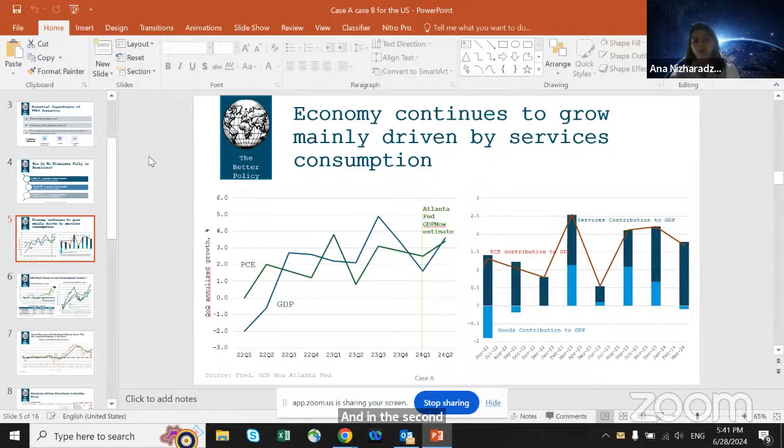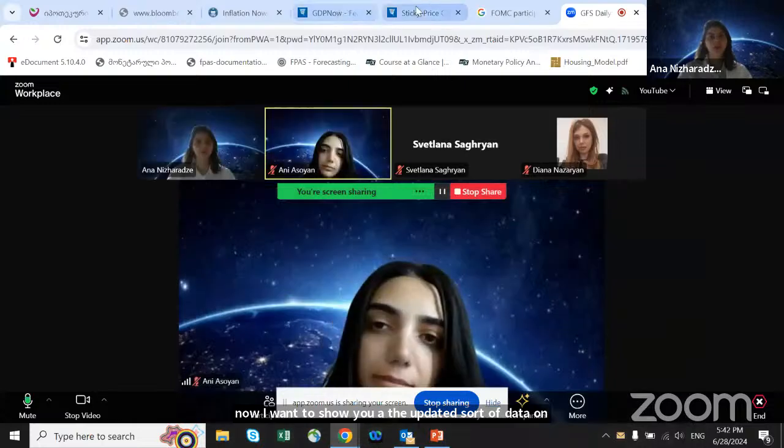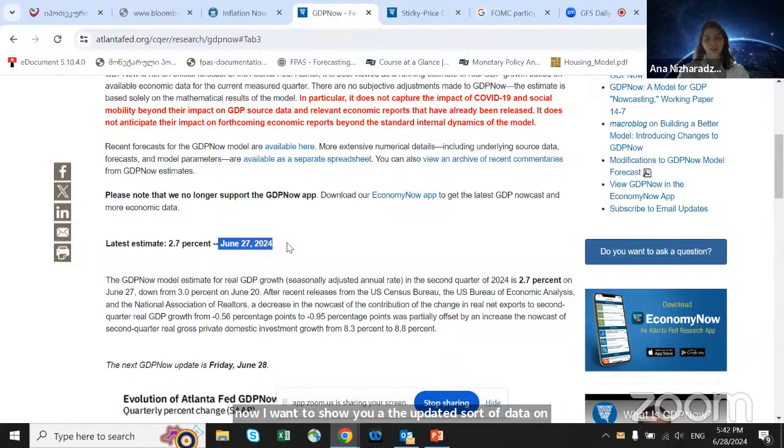And now I want to show you the updated data on the GDPNow estimate. So as of June 27, so yesterday, with the latest estimate, GDPNow currently stands at 2.7%, meaning that this is down from 3% on June 20.